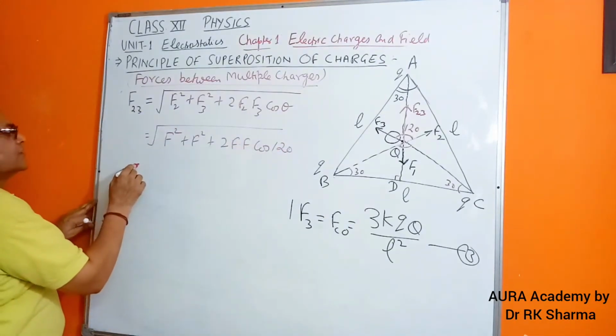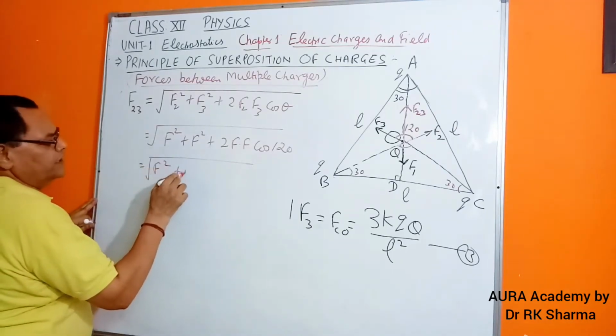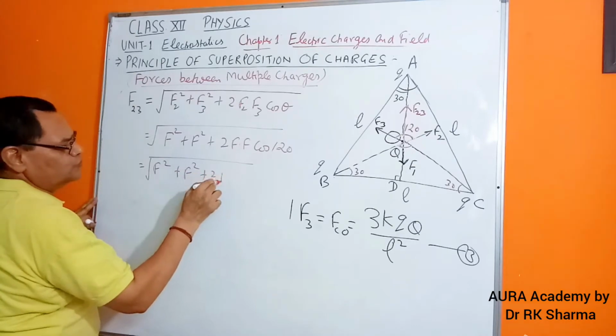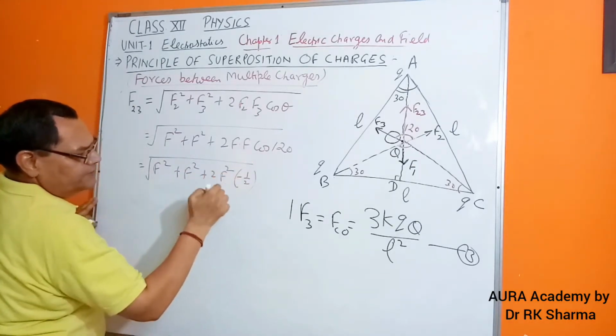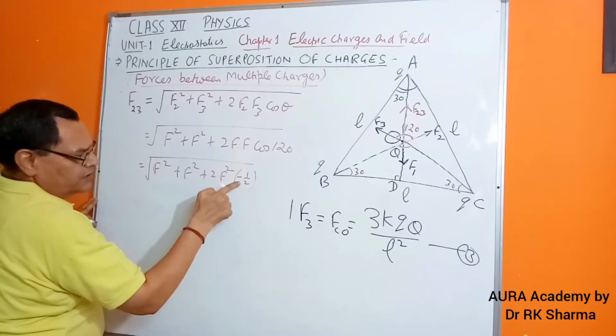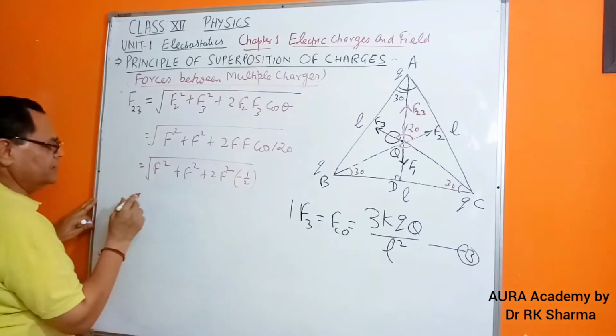Minus half. So we have F square plus F square plus 2 F square times minus half. The 2 will cancel, and due to the minus the whole term becomes minus.